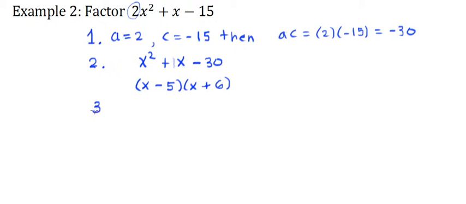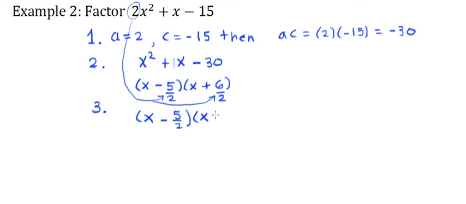Now step 3, last step. We want the factorization of this one. So it's time to put this number 2 back here. Via division, divide this by 2, divide this by 2. Now simplify. 5 divided by 2 in simplified form is 5 over 2. Here, x plus 6 divided by 2, 6 divided by 2 is equal to 3.